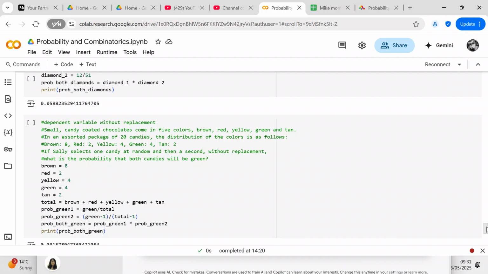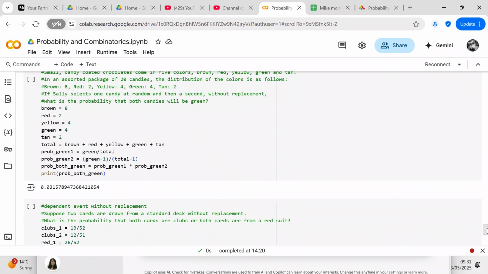So probability of the first green is green divided by total, and the probability of second green is green minus 1 divided by total minus 1. So the probability of both greens is probability of green 1 times probability of green 2. And so that's 3.1578%.